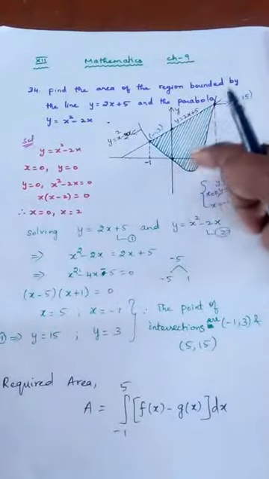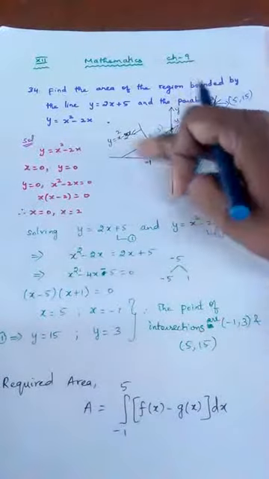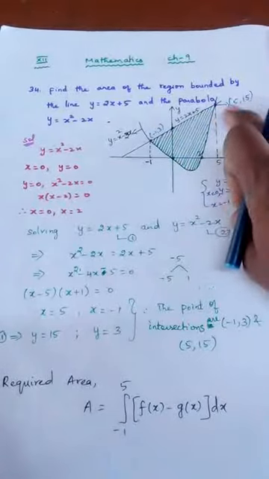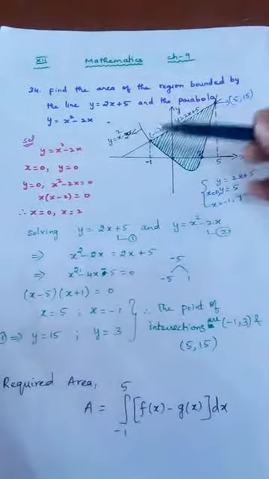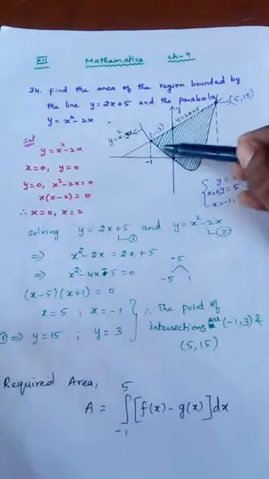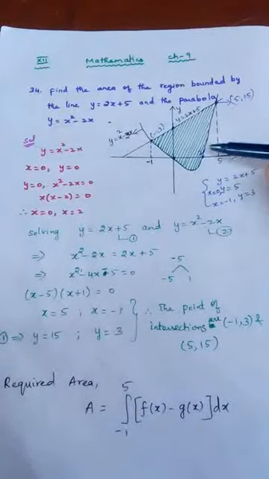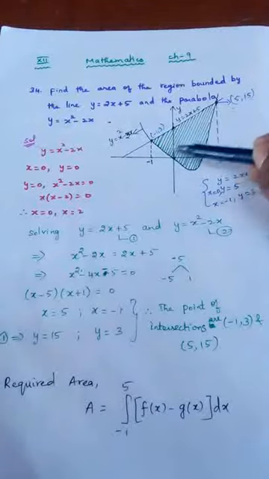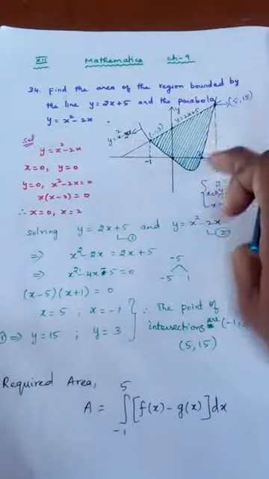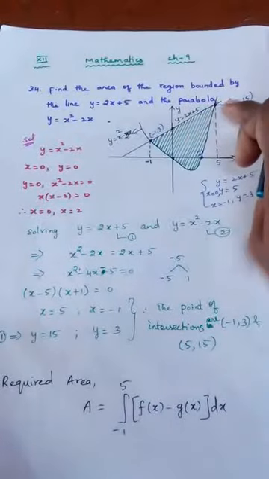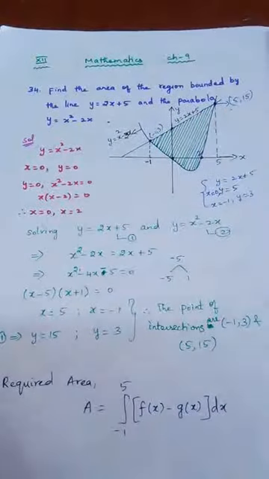Just imagine that there is no parabola here, only the straight line is present. So what is the region that I will be getting? The region that I will be getting is from here. From here fully I will be getting. So this is the region that I am going to get under this boundary and the straight line, which gives maximum area for me.